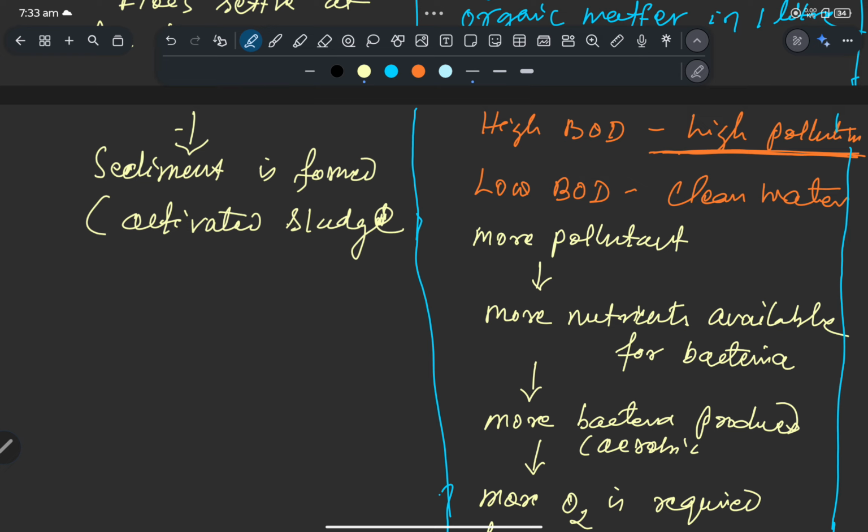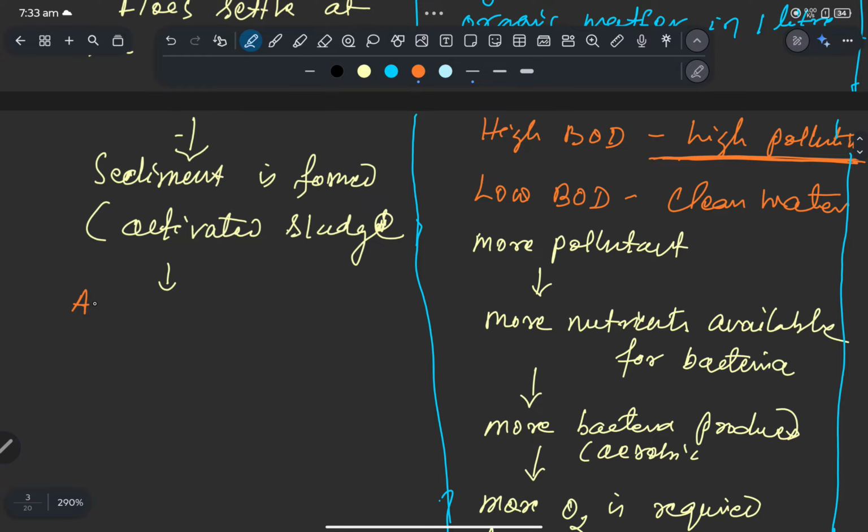Now what happens to this activated sludge? Now we come to the fate of activated sludge.